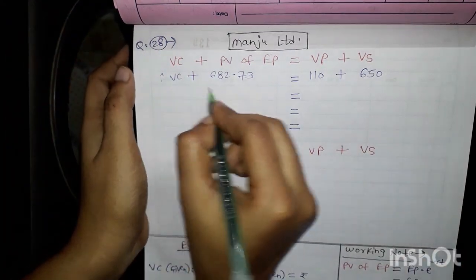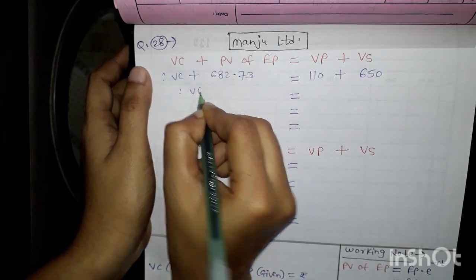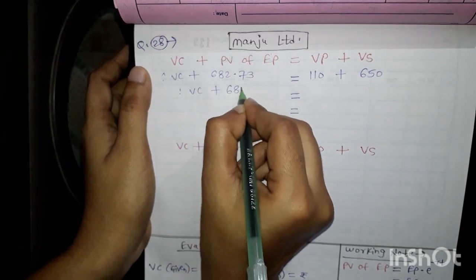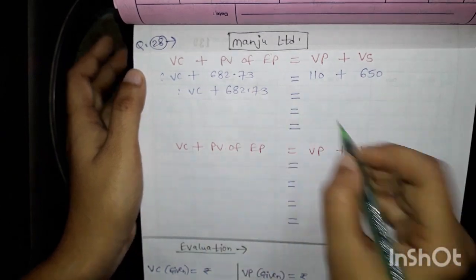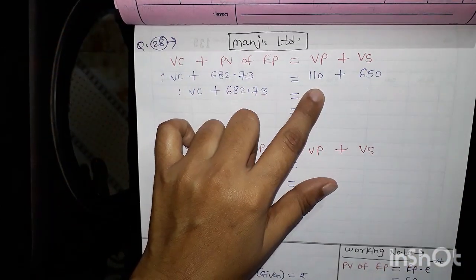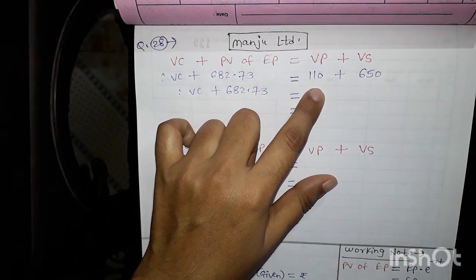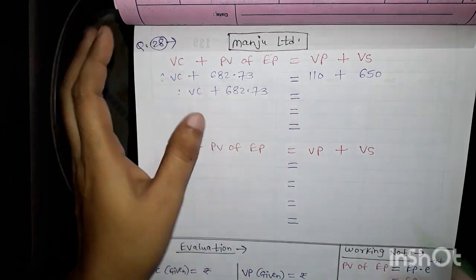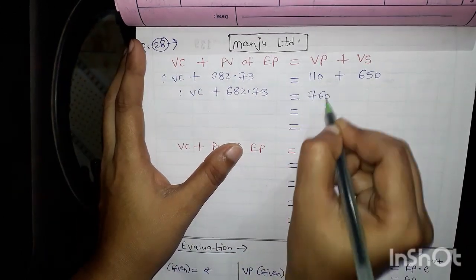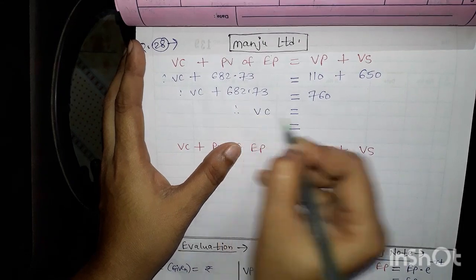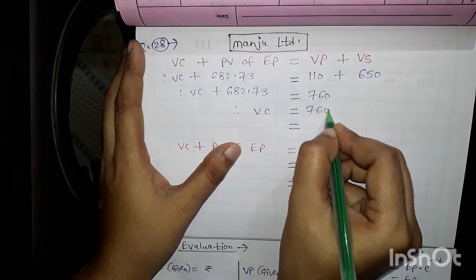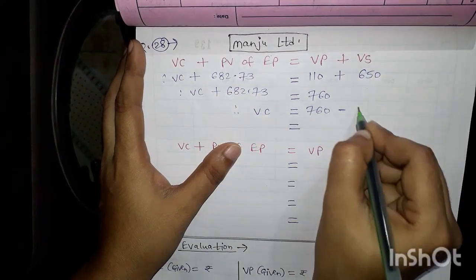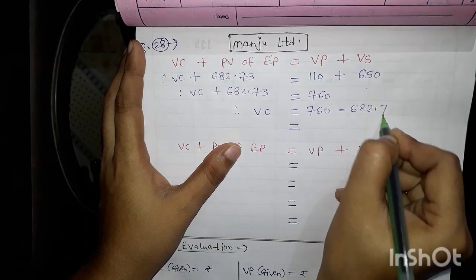Now I am going to calculate. So it is value of a call plus 682.73, equal to 110 plus 650, which is 760. Therefore value of a call is equal to 760. I am sending this across, so it will be minus 682.73.